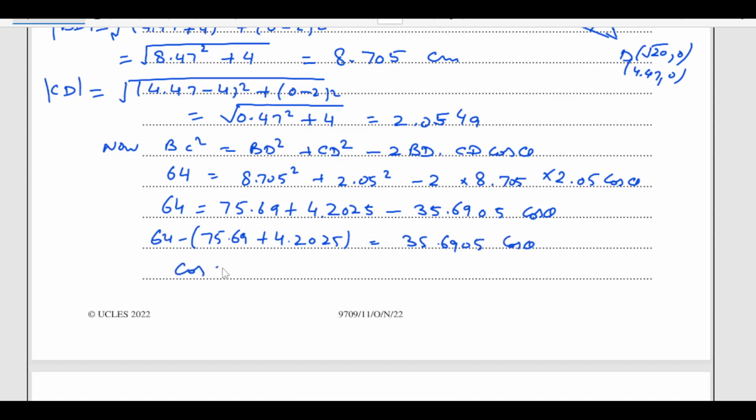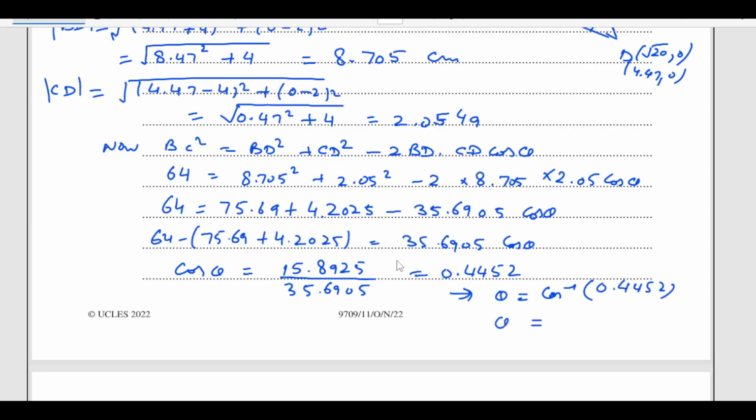So cos theta from here is this calculation, when you divide this one, this is 15.8925 over 35.6905, right? So this is equal to 0.4452. So that gives us theta is cos inverse 0.4452. This comes out to be 63.5 degrees.